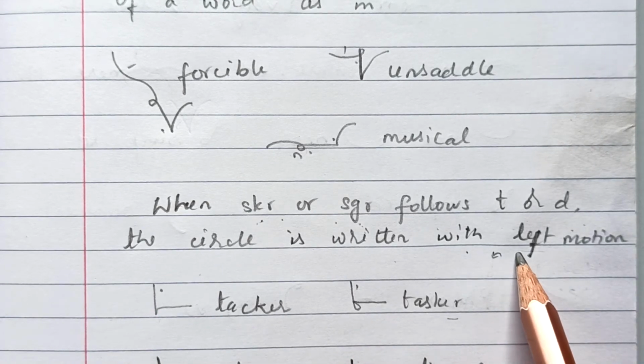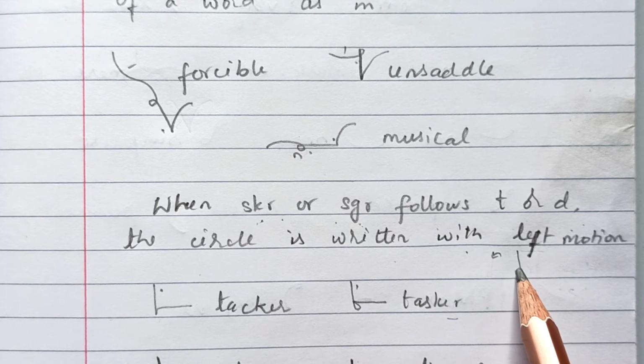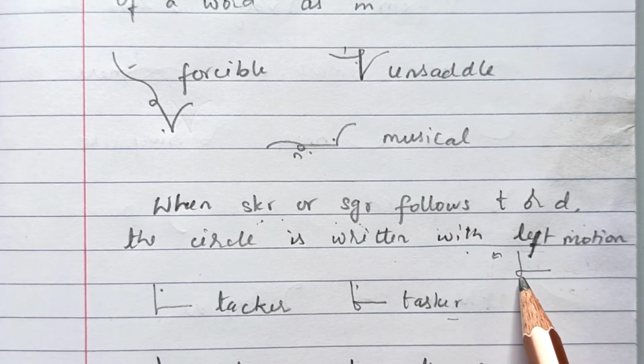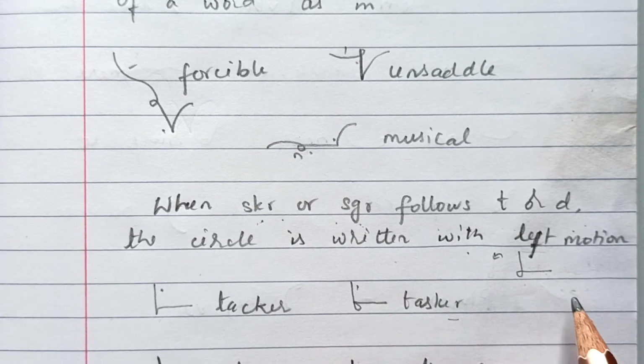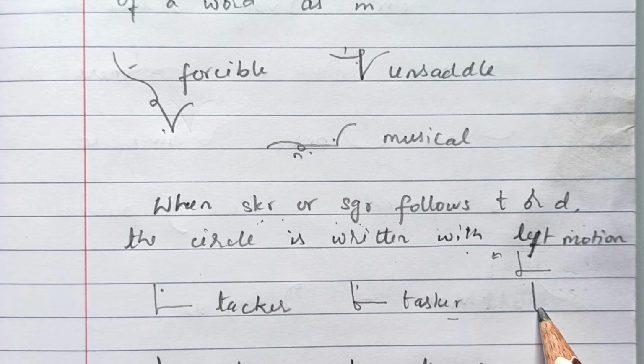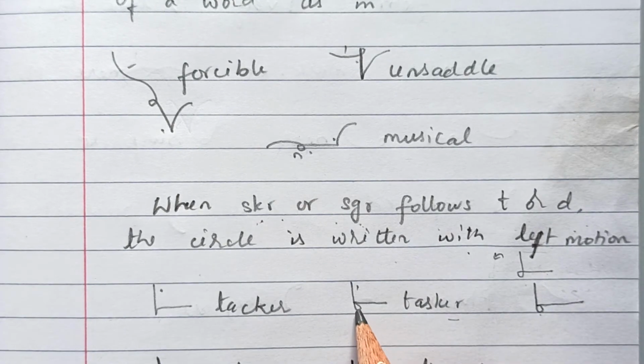So we write here like this, task. But if you write the same thing with the right motion, it gives the sound of both S as well as the hook R sound. So tasker.